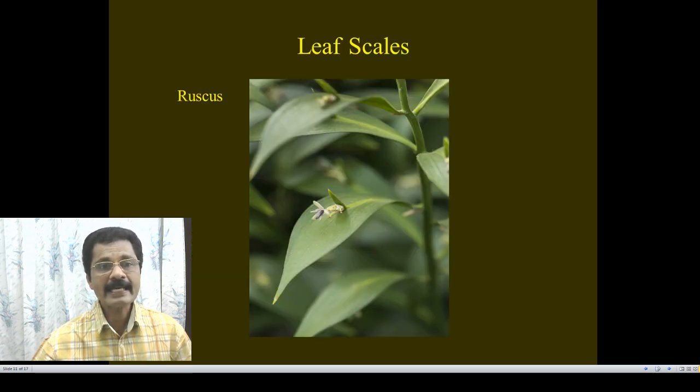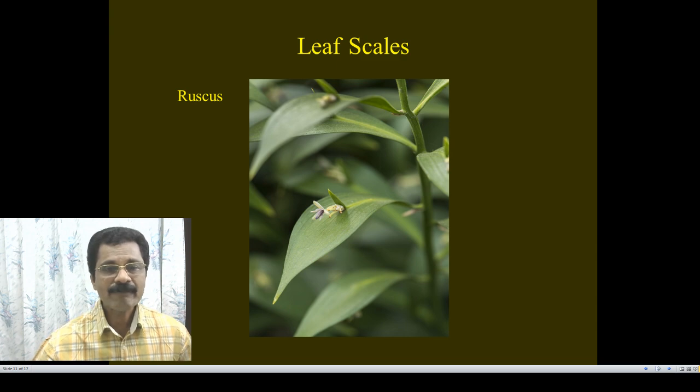Then, as in the case of Ruscus, the leaf is modified into scale leaves. See, the petiole is modified into a leaf-like structure that is called a phyllode. Petiole is modified into a leaf-like structure with the single internode is called cladode.